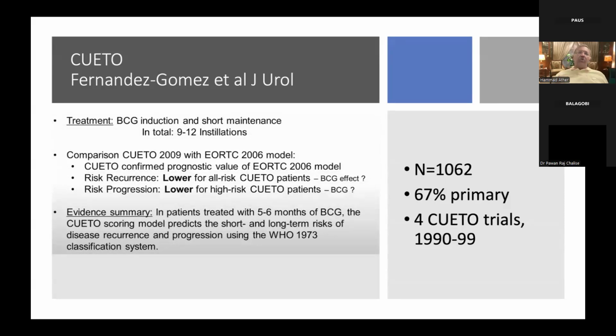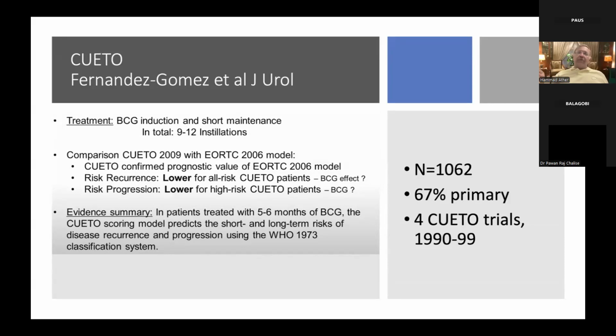If we look closely, BCG was now becoming the standard of care. BCG induction and short maintenance is what was recommended at that time. In total, between 9 and 12 instillations of BCG were done in the patients where the data was collected.